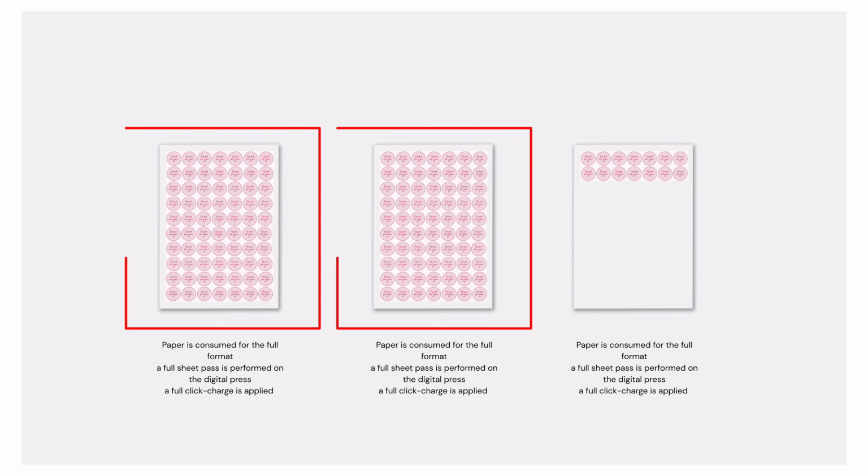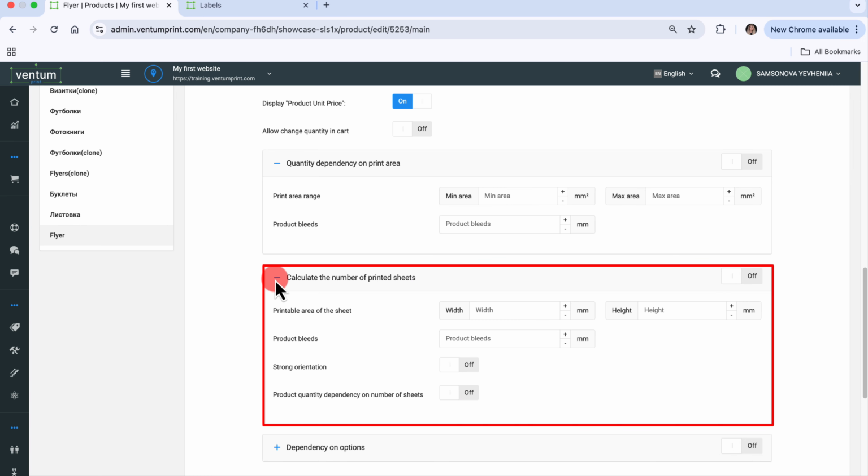Accordingly, we calculate the full area for the first and second shades, and for the third shade, the calculation will only reflect the small printed portion. As a result, the printing company incurs a loss on the partially used third shades. It is in such a case that the Calculate the Number of Printed Shades feature helps us.